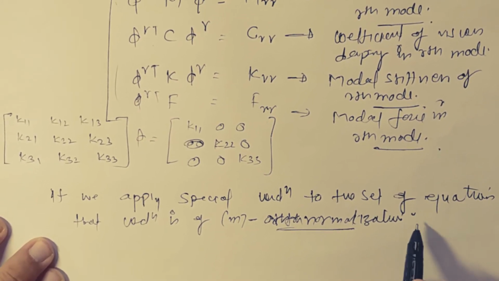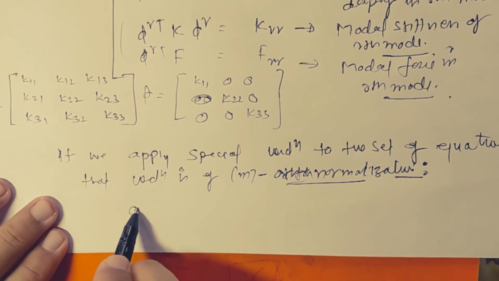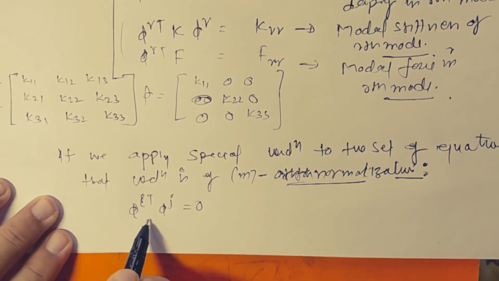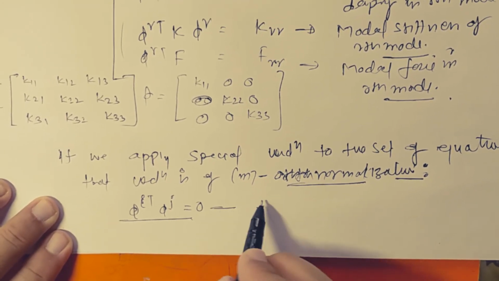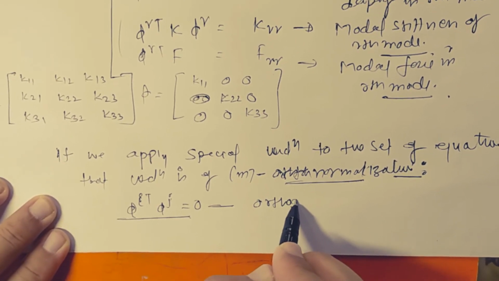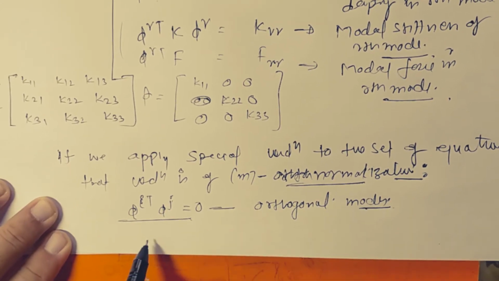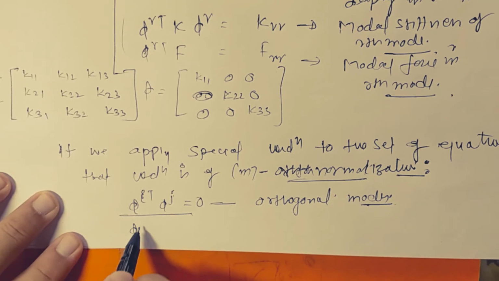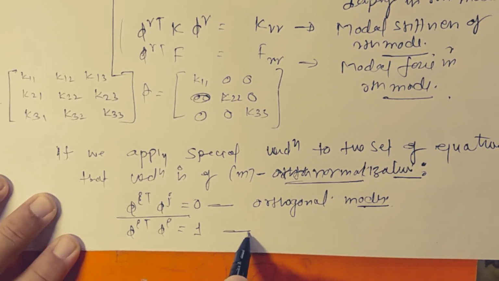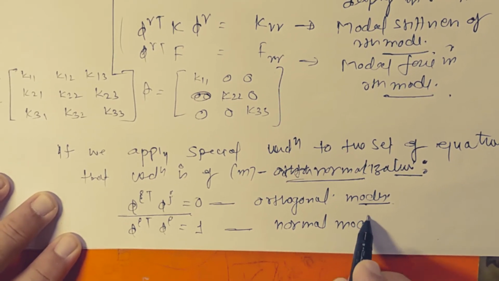normalization. So in the last lecture we discussed, if phi i transpose phi j equals 0, these modes are known as orthogonal modes, orthogonal to each other. And if the magnitude of phi i transpose phi i equals 1, then these are known as normal modes.